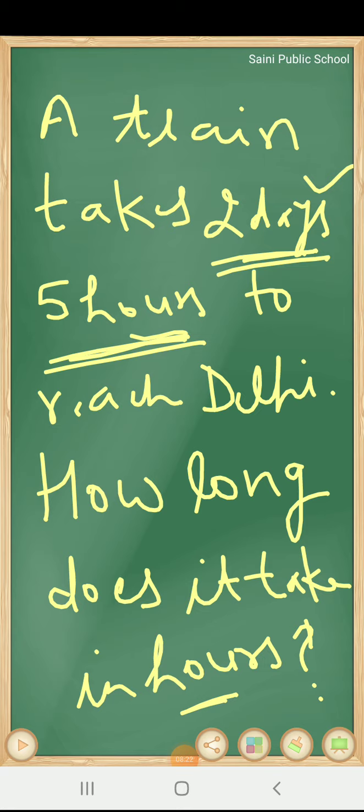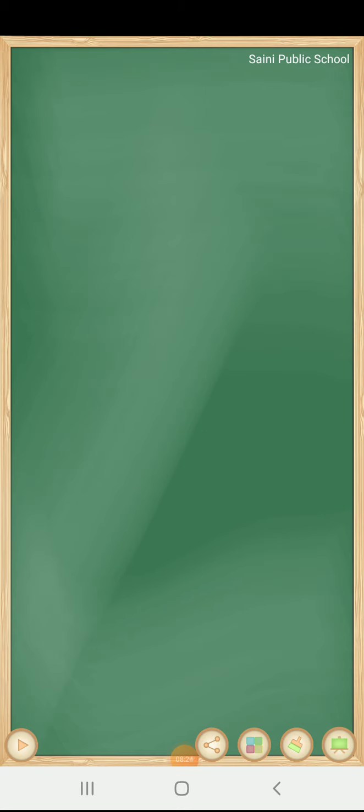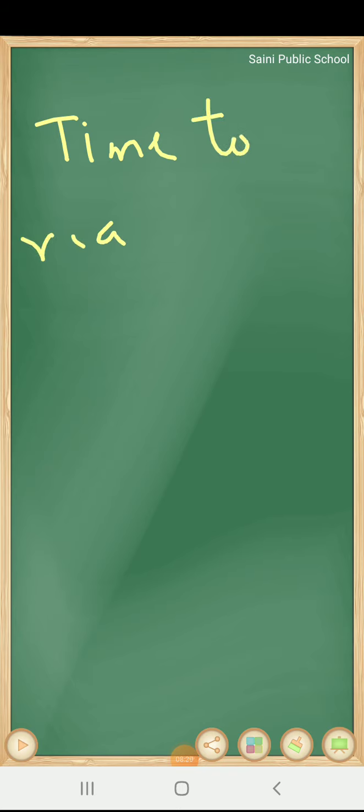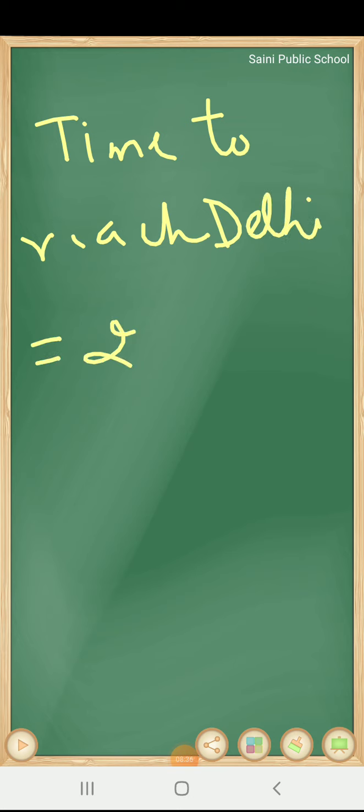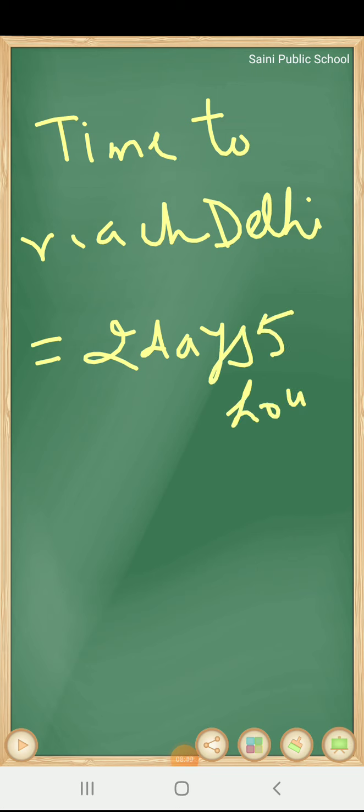So let us write: time to reach Delhi is equal to 2 days and 5 hours, and we will write it in the form of hours. We will convert 2 days into hours, and 5 hours are already given to us.